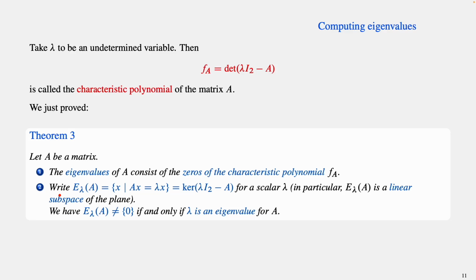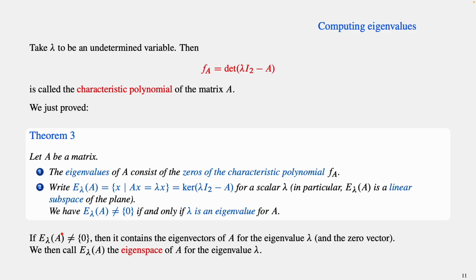And second, if we introduce the notation E lambda A for the vectors x in the plane such that A times x equals lambda x, which is the same as the kernel of the matrix lambda identity minus A for some scalar lambda, then this space E lambda A is different from 0 if and only if lambda is an eigenvalue of A. We see that this is an important subspace of the plane.